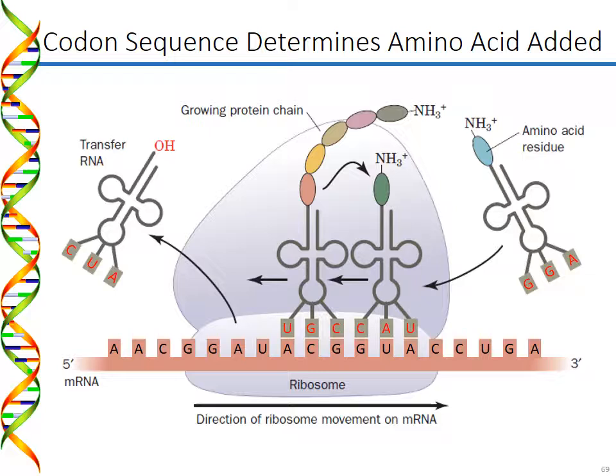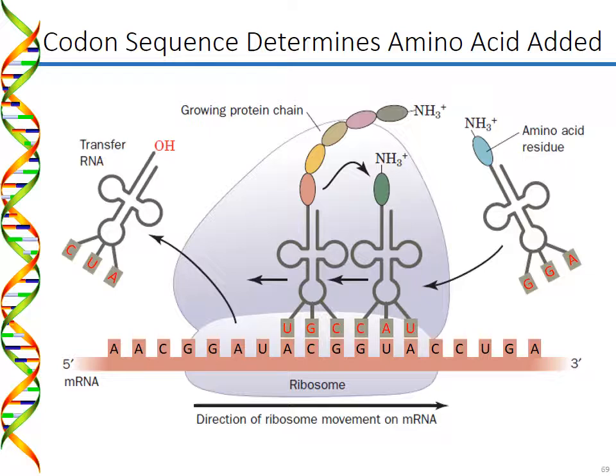That attachment of that amino acid will occur in the P site once that moves over, and then the tRNA currently on the right of the slide with the anticodon GGA is going to bind to those first 3 nucleotides that currently don't have the tRNA bound to them, the CCU, which are complementary to the anticodon.